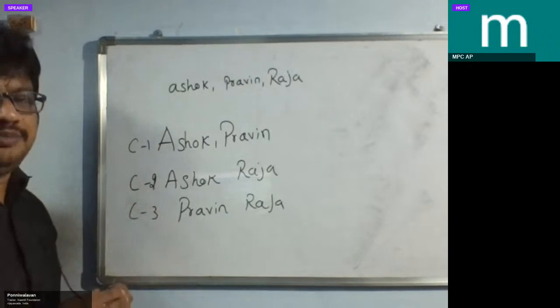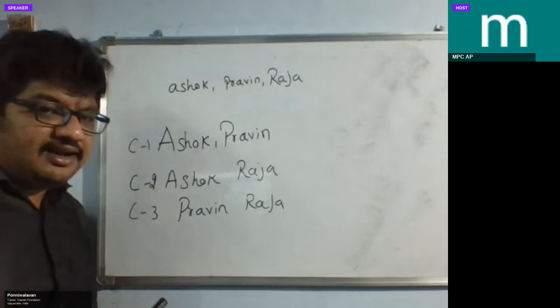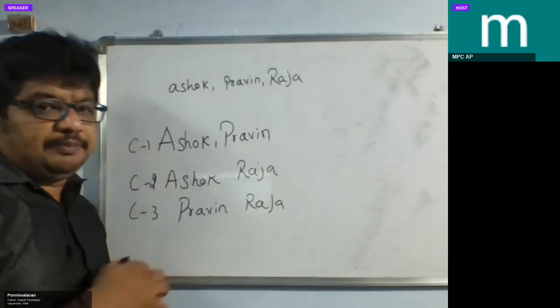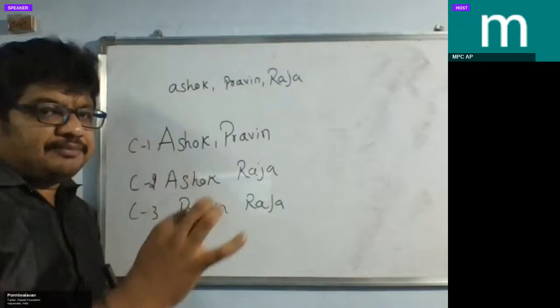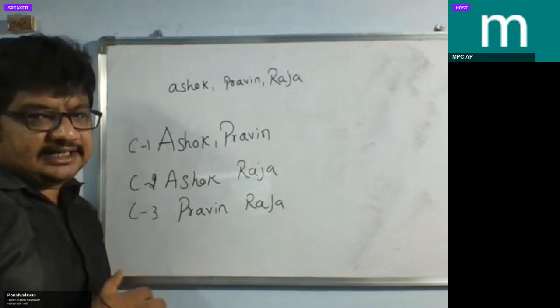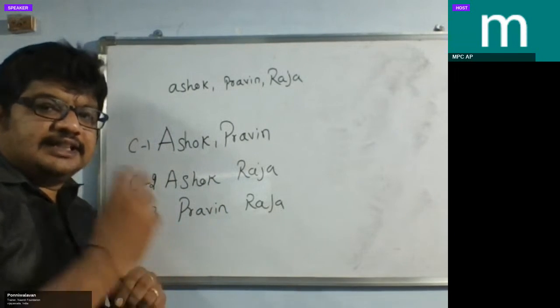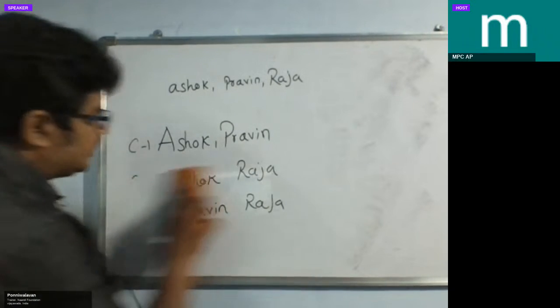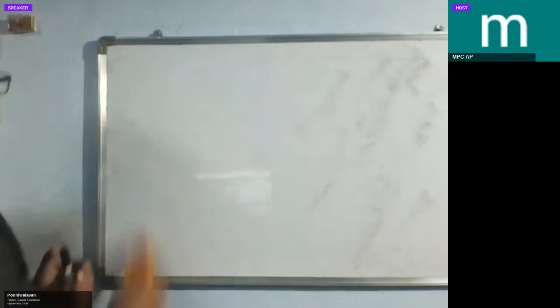Only 3 combos. So here what I've done: from 3 people I selected 2 people. The process of selection is called combination.